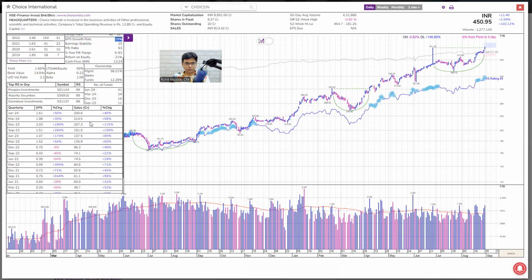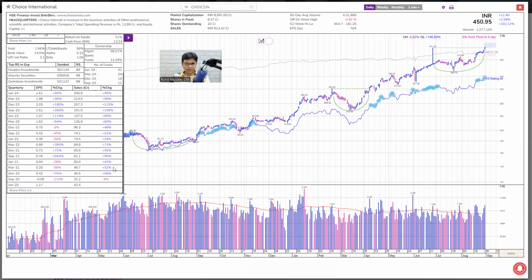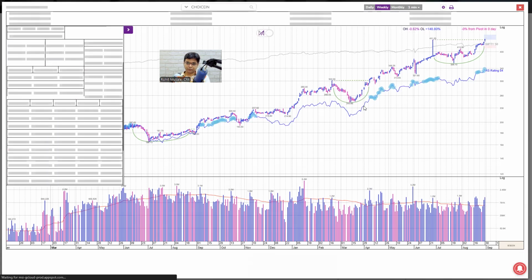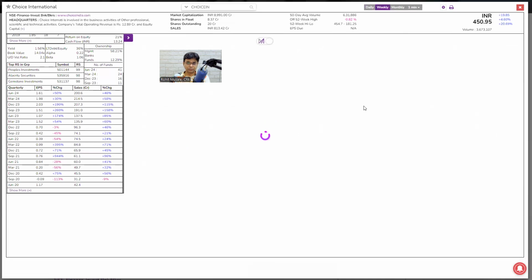If you scroll down, you will see fantastic quarterly sales growth, very good earnings growth, at least in the recent quarters, because of which the stock ran up sharply. And it ended up creating base number 9, which is very late in the game. One thing I want you to notice is the correlation between earnings growth and the rapid price movement of the stock.